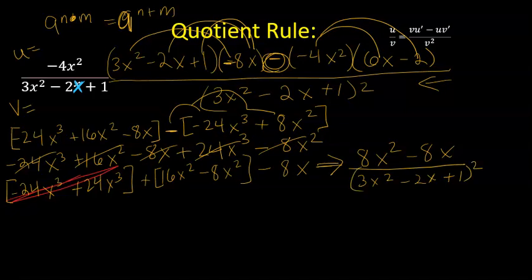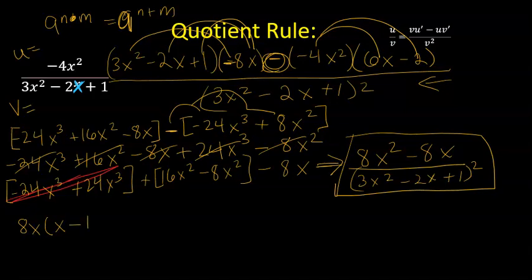Right there. Let's see, is there something else I can do? Well, I mean, this is technically the answer. I could reduce it a little bit further if I wanted. I can extract out an x. Oh, and I can also extract out an 8. I can do both. We're just factoring out an x and an 8, which gives me an x here minus 1.